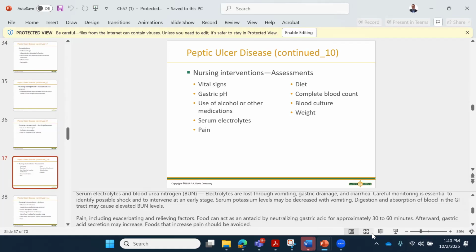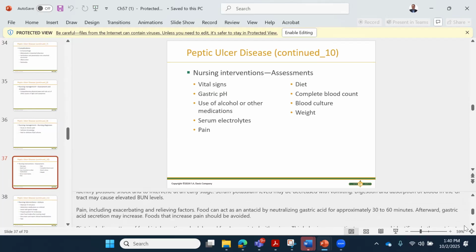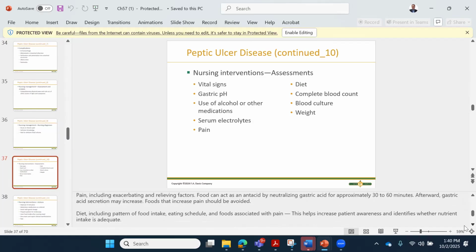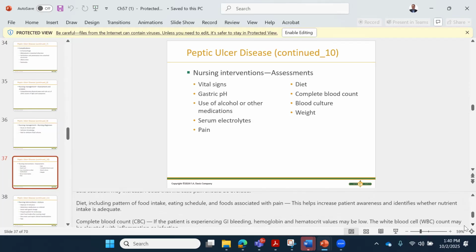You want to also assess the patient about aggravating versus relieving factors. And that gives you an idea as well as what types of food should be avoided.